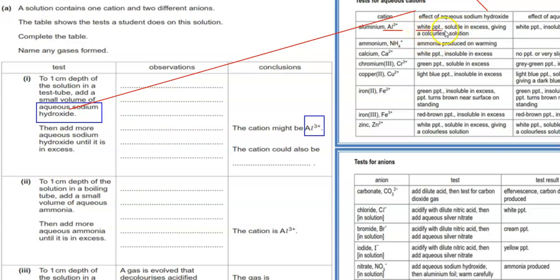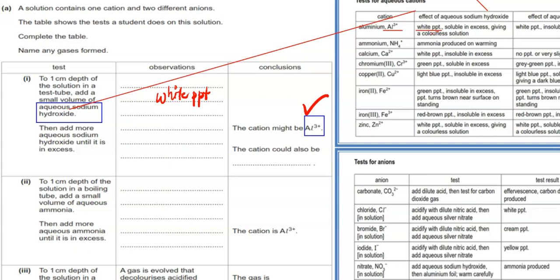And what is the observation? We just need to write it here. What is the answer? Yes, it's white precipitate. Why? Because here they are saying aluminum and we have aluminum observation which is white precipitate.